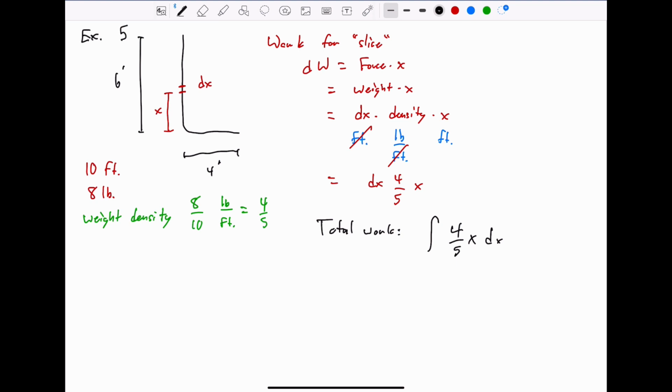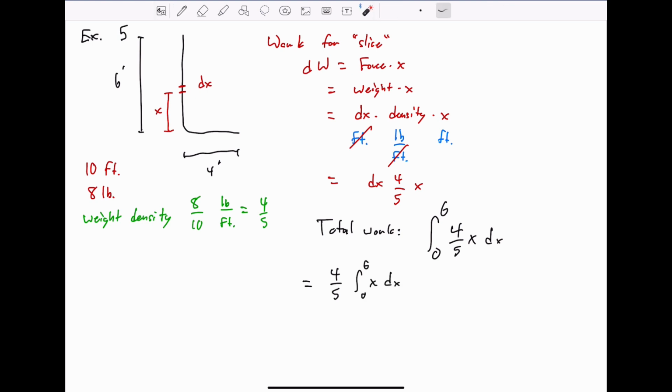And what are the limits of integration? Well, we need to keep adding up work starting at x equals 0, going all the way to the top of this portion that's been lifted in the air. So we integrate from 0 to 6. Let's go ahead and evaluate this integral. We can bring out the constant 4/5, and we have the integral of x dx from 0 to 6.